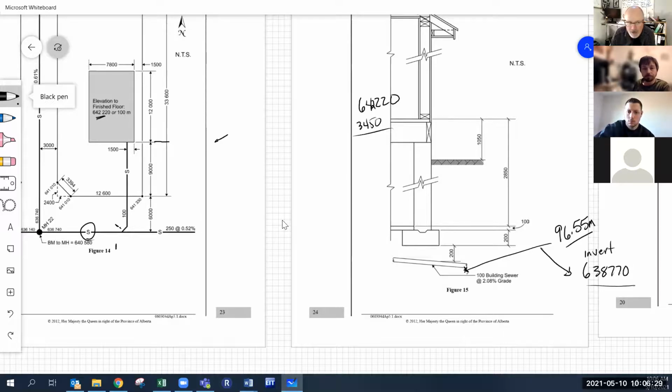Now I have to subtract the 15 meters, that total drop. I think we had it from our last question. We took our total drop of this run to be 312 millimeters. Isn't that right? Somewhere around there.